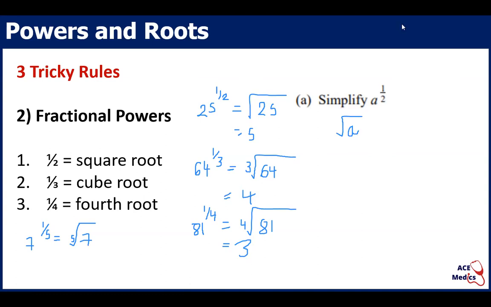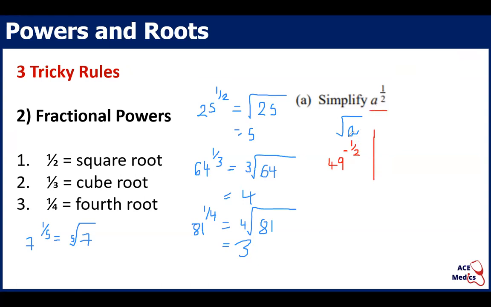No? Okay. The really tricky ones to look out for then are when you have something like 49 to the power of minus a half. Okay, that is quite a tricky one. Let's look at it in terms of a.